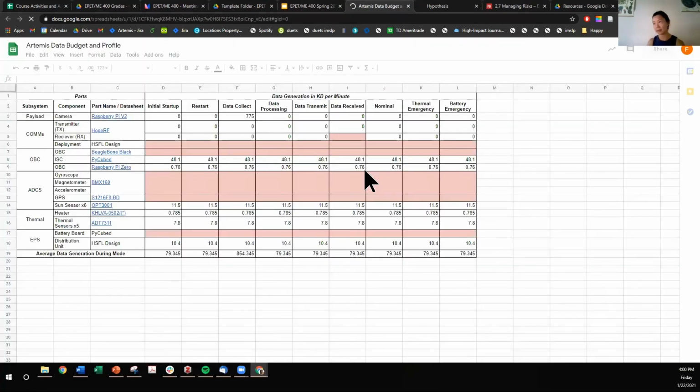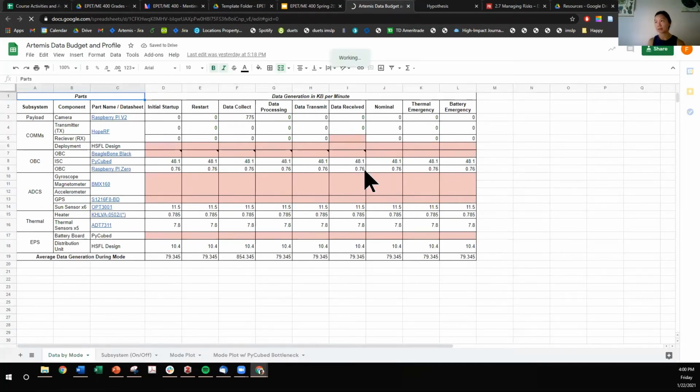Okay, there's something called a data budget. So just like the power system has batteries, the command and data handling system has memory storage. And then it has aspects like computation as well.